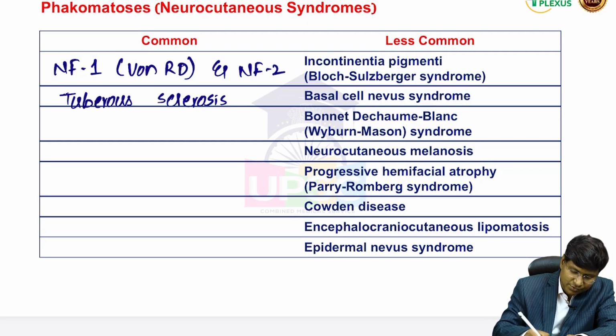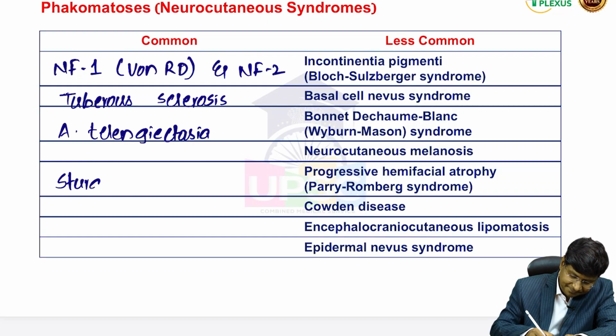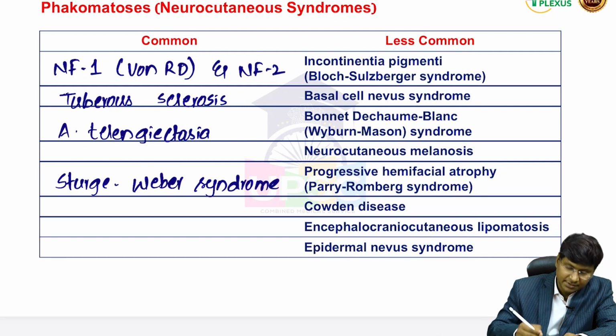Then the third one is ataxia telangiectasia, and the fourth common condition is Sturge-Weber syndrome, then the other common condition is von Hippel-Lindau disease.